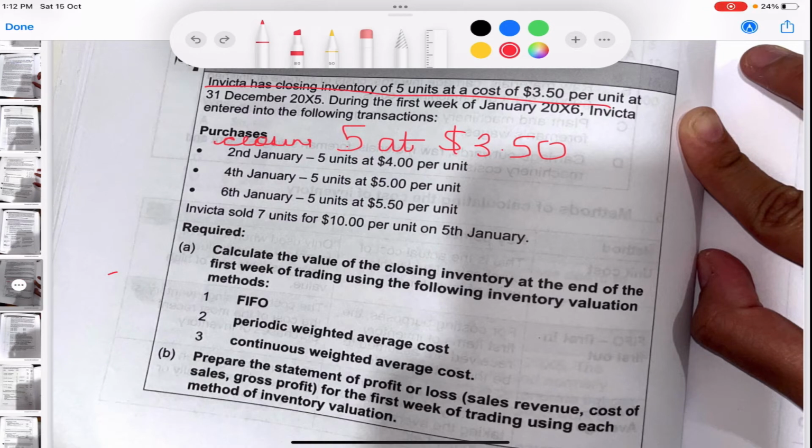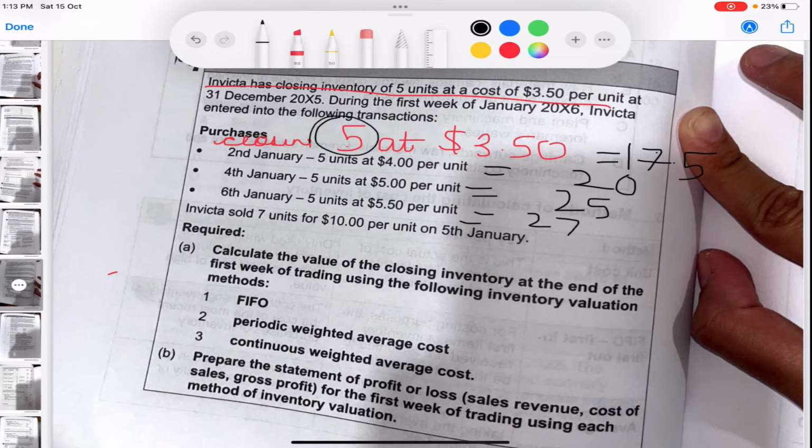The total amount of purchases will always firstly be quantity multiplied by price, for each line. So you have to first do that. Let's do that. 5 multiplied by 3.50 is 17.5. 5 multiplied by 4.0 is 20. 5 multiplied by 5 is 25. 5 multiplied by 5.50 is 27.5.